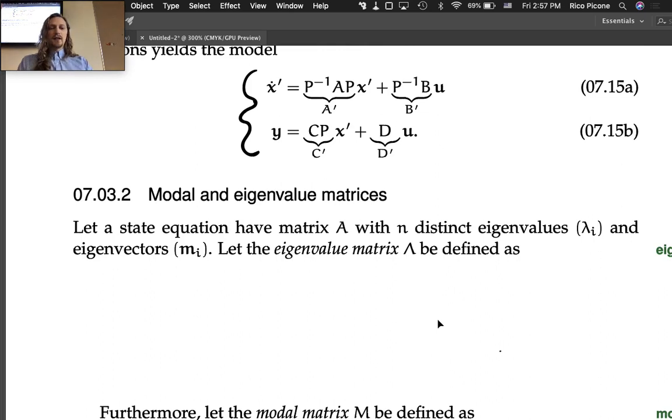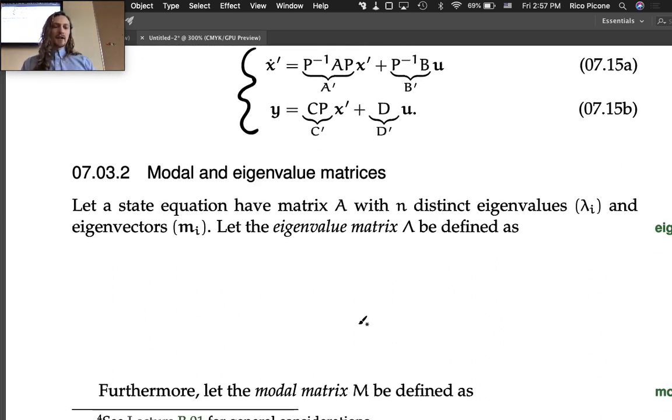Now let's look at two definitions that are also going to go into this derivation. Let a state equation have matrix A with n distinct eigenvalues, lambda i, and eigenvectors m i.